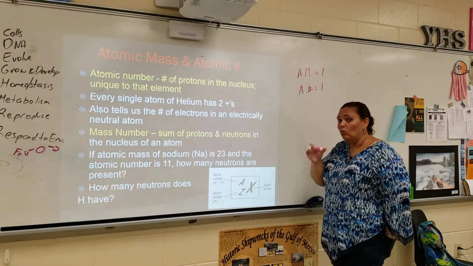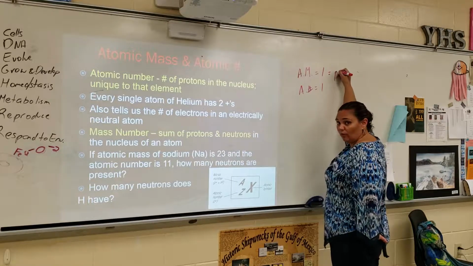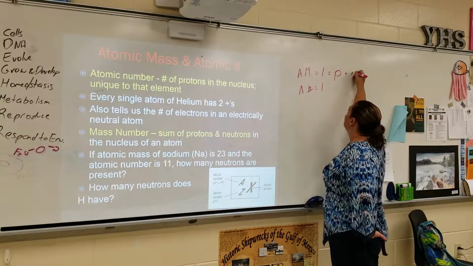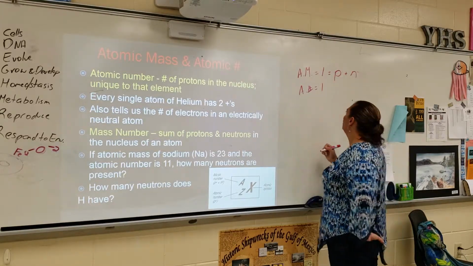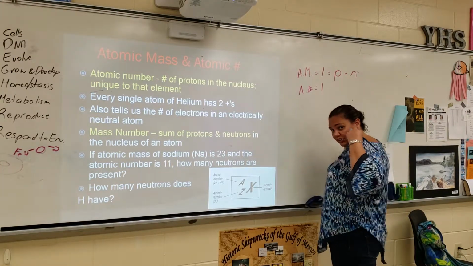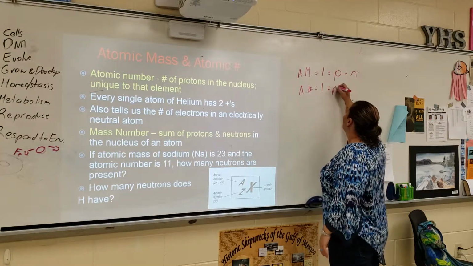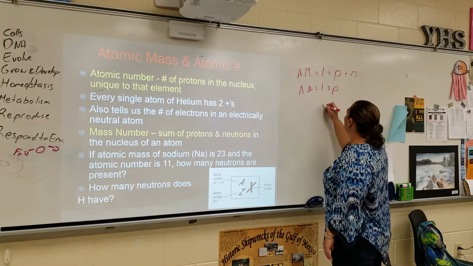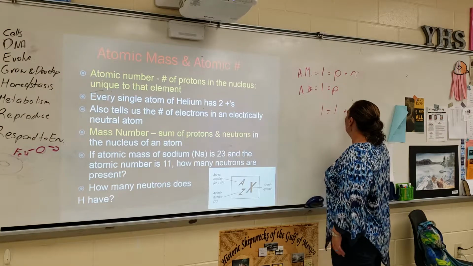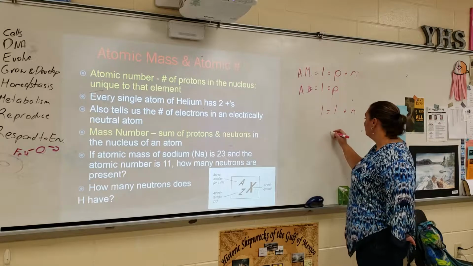Again, what's the formula for atomic mass? Protons plus neutrons. So, if my atomic number is 1, and that's my jersey number, my personality, who I am, that's P, that means 1 equals 1 plus N. That means how many neutrons do I have?